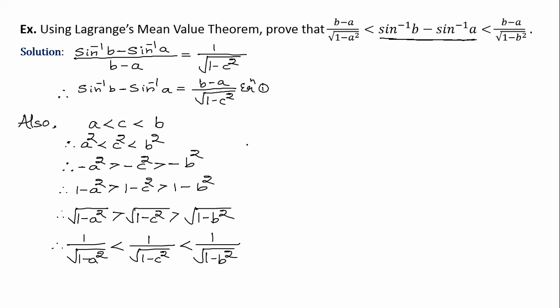Then in the next step, we have to multiply this by b minus a, because in the right hand side of equation 1, we see (b minus a) upon square root of 1 minus c square. This is strictly positive, so the inequality will remain the same. Therefore, (b minus a) upon square root of 1 minus a square is less than (b minus a) upon square root of 1 minus c square, less than (b minus a) upon square root of 1 minus b square.